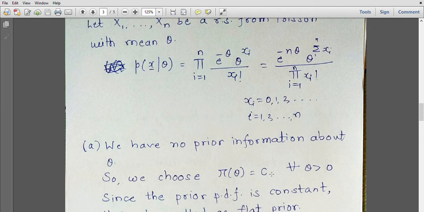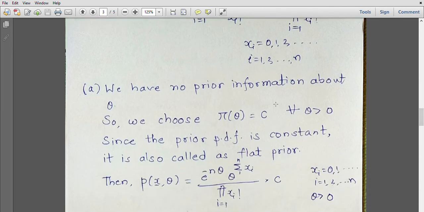Now you must be having an impression that this is not a proper PDF. So how can it be used? Such a prior distribution is called an improper prior, because this will not integrate to 1. We have not specified the constant. We are just assuming that it is a known constant. So c can be 1, c can be 2, any positive constant.